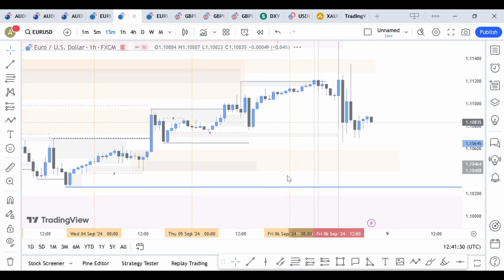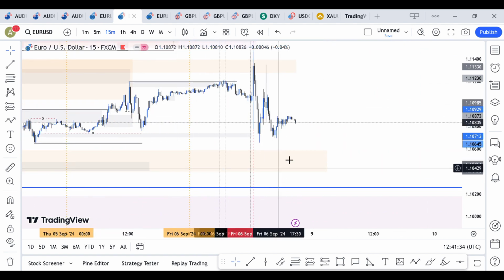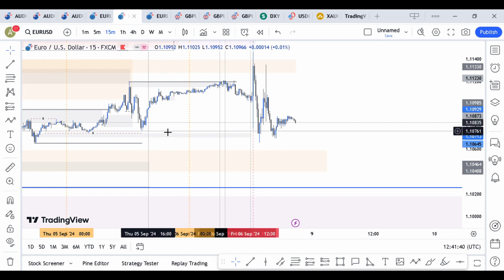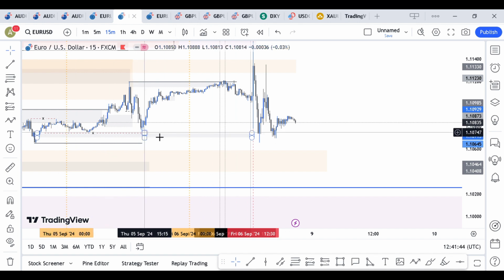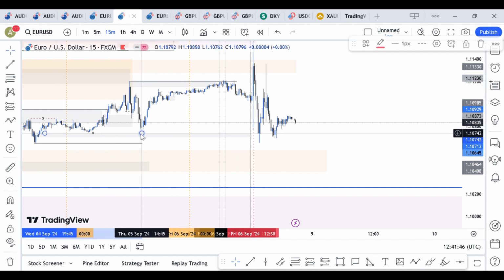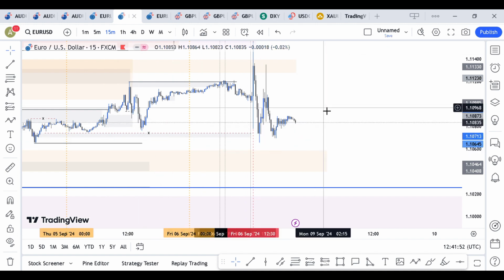First and foremost, I'll go 15 minutes because I didn't have any trades, so let's just analyze this real quick. So price came up here, came down, shot down to mitigate these areas of demand and also build liquidity. So I'm thinking this liquidity was heavily built on this demand area, which later on they came in and took out.